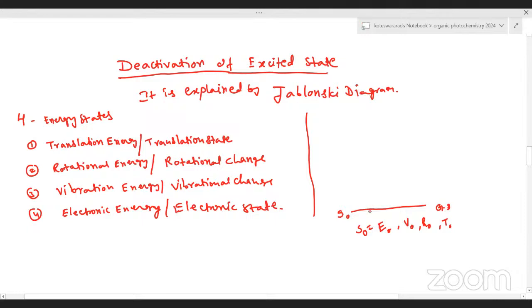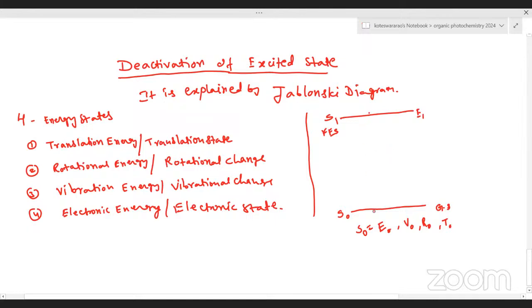Now, suppose when you are providing energy, the electron is excited from S naught to the next excited state. This is called the first excited state, or excited state. This is the ground state. This is the excited state. Now, this is equal to E1, excited state 1.